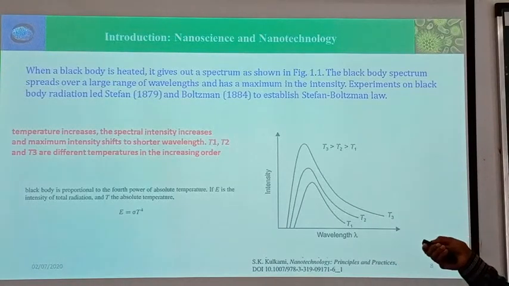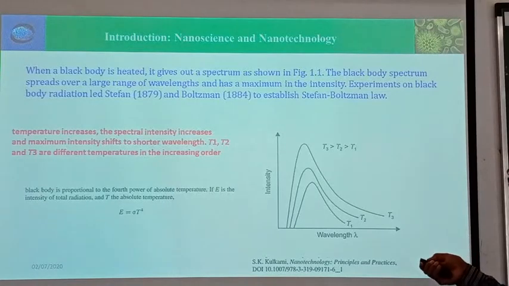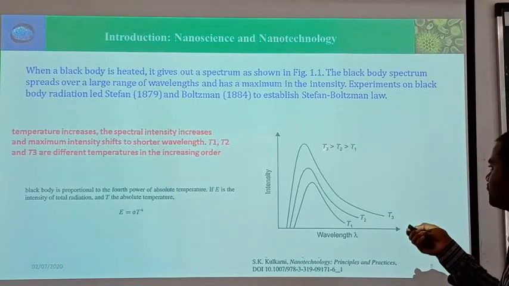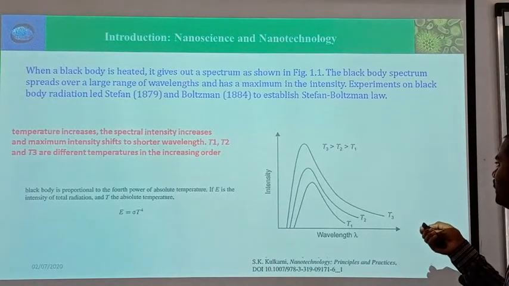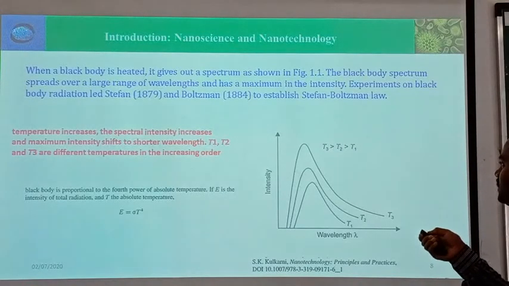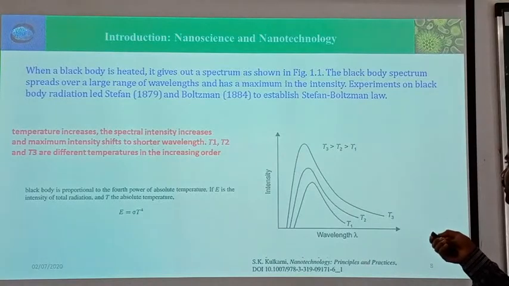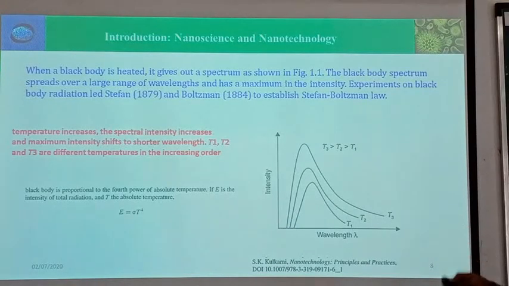T1, T2, T3 are different temperatures in increasing order. Here T3 has the maximum, T2 is less than T3 and T1 is less than T2. So the highest temperature is T3, then lesser T2, and lesser T1.